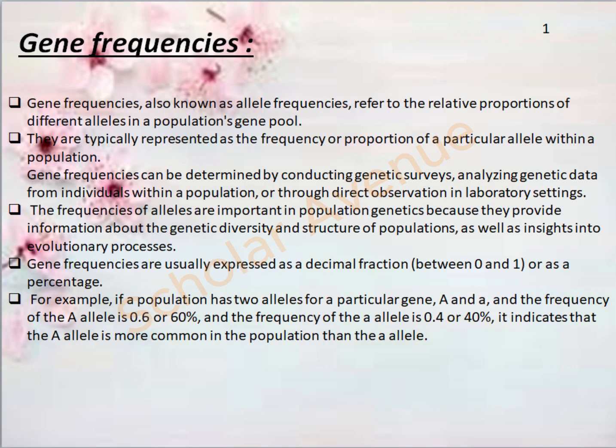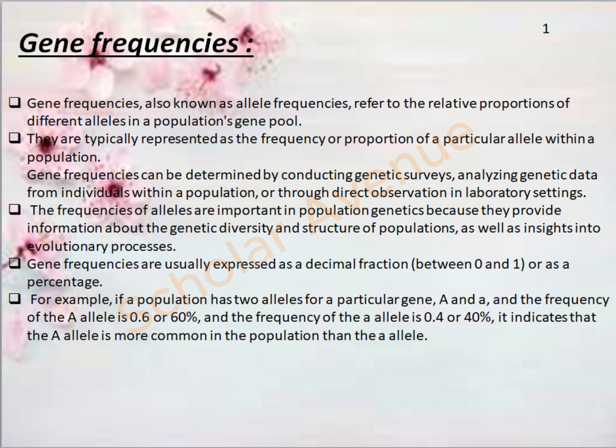Gene frequencies, also known as allele frequencies, refer to the relative proportions of different alleles in a population's gene pool. They are typically represented as the frequency or proportion of a particular allele within a population.